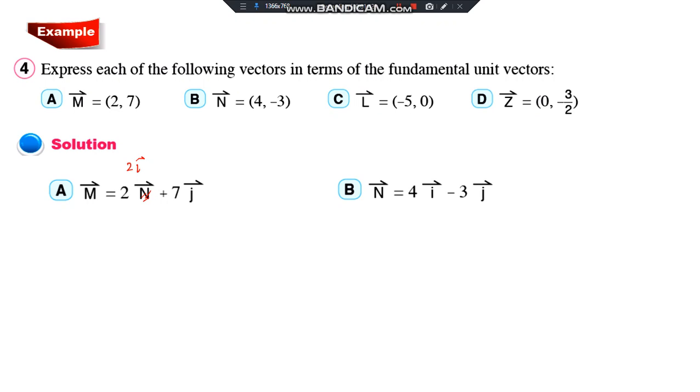And vector n, 4 and negative 3, we can write as 4i minus 3j. Vector L, we can write as negative 5i plus 0j, which is 0. And the last one, Z, we can write as 0i plus 3 over 2 j, which is 3 over 2 j.